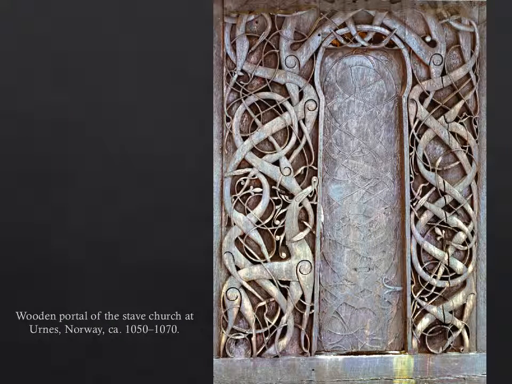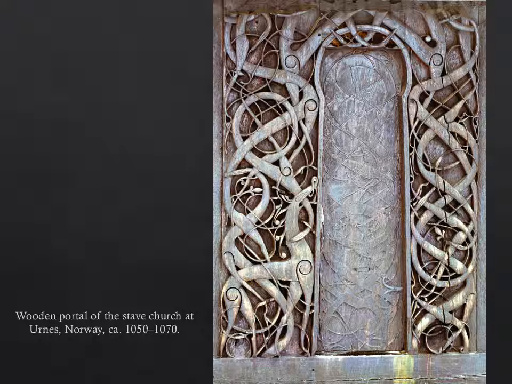By the time we get to the year 1000, most of Europe has been Christianized, has been converted to Christianity, even as far north as Scandinavia. And what we're looking at here is a doorway, a portal, from the Stave Church at Ørnes in Norway, dating from about 1050 to 1070.